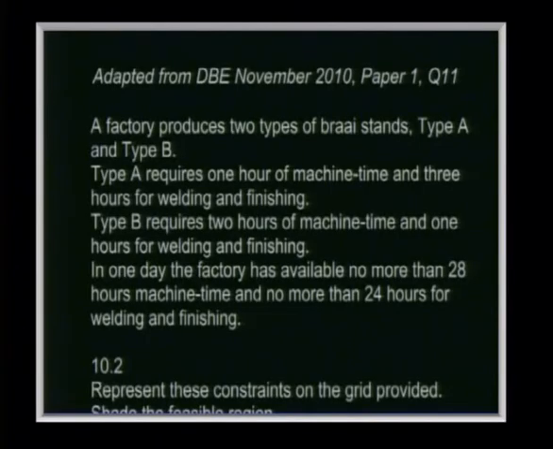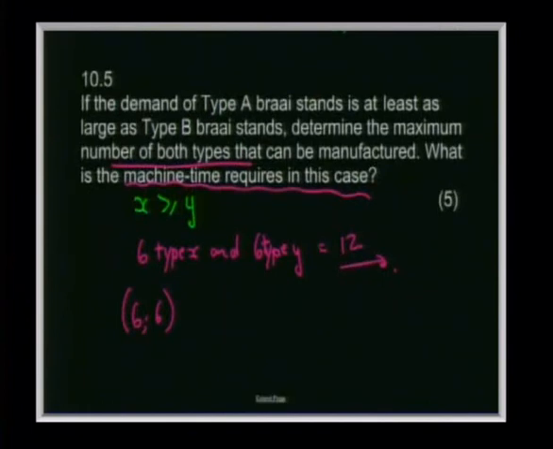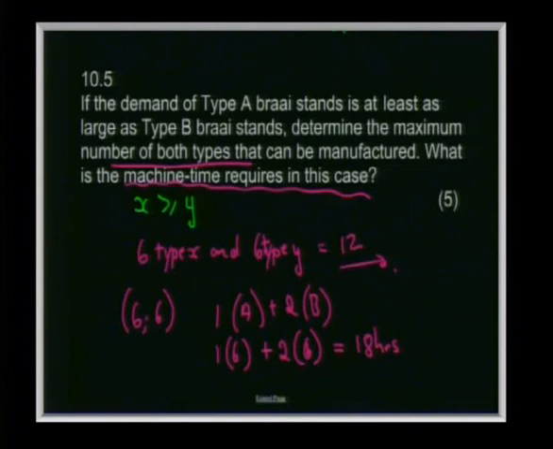Here we go. 1 hour of machine time for type A and 2 hours of machine time for type B. So it's going to be 1 for type A and 2 for type B. Popping the number of type A's and the number of type B's into the equation gives us 18 hours.